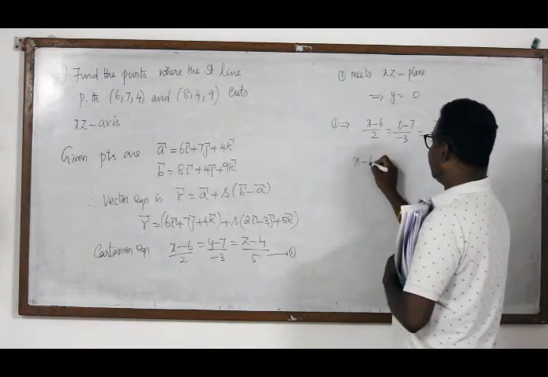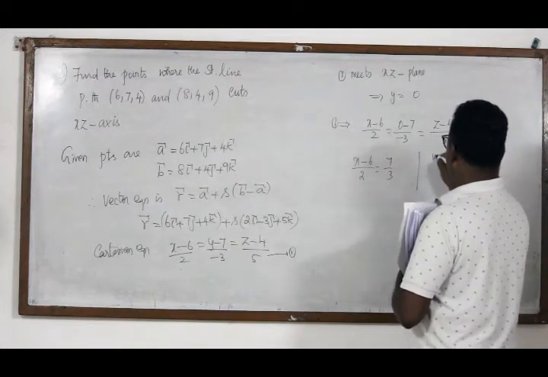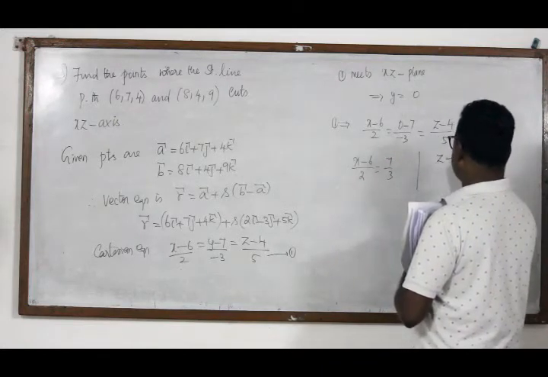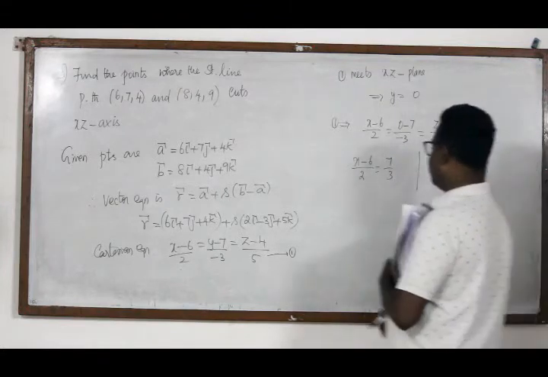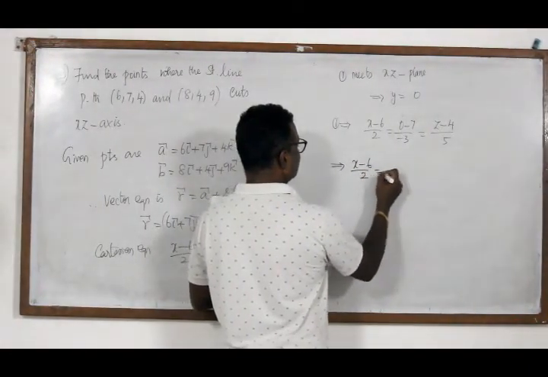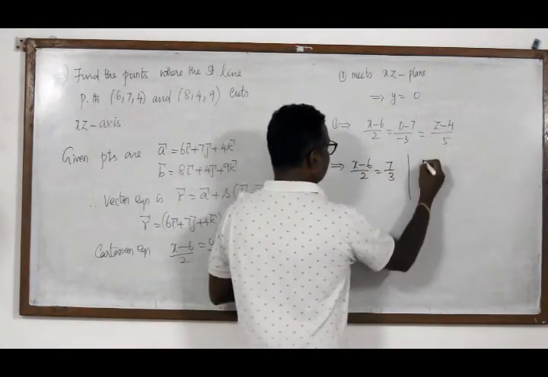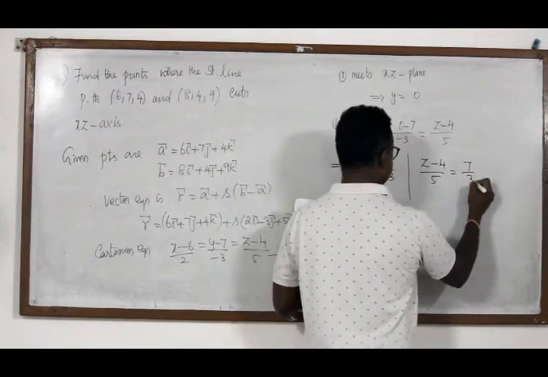That means x minus 6 by 2 equal to 7 by 3, and z minus 4 by 5 equal to 7 by 3.